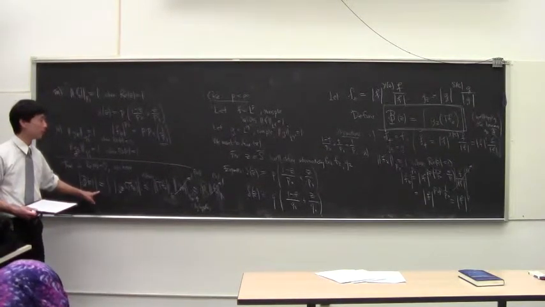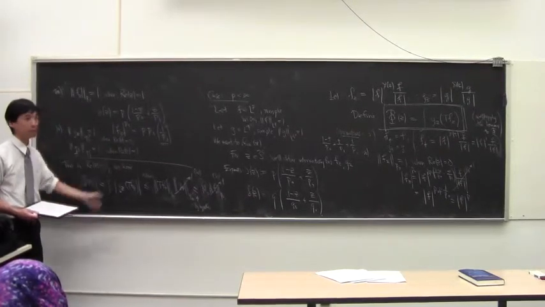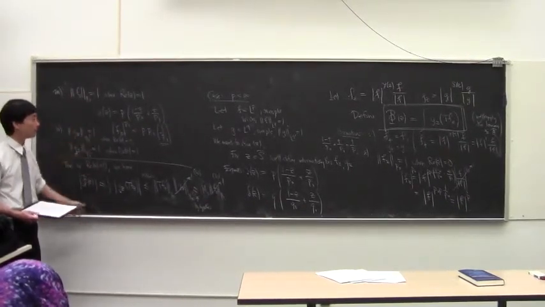The three lines lemma gives us that on any line in the middle, we have the bound.